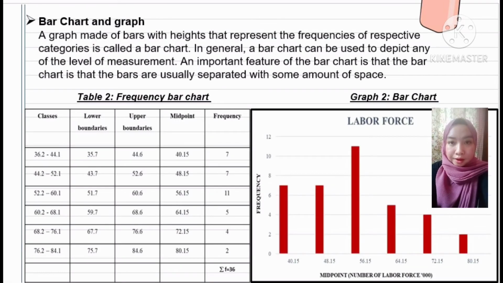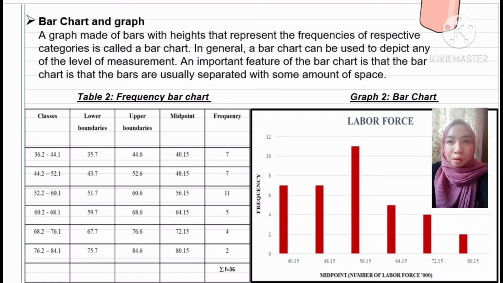Bar chart and graph. A graph made of bars with heights that represent the frequencies of the respective categories is called a bar chart. In general, a bar chart can be used to depict any level of measurement. An important feature of the bar chart is that the bars are usually separated with some amount of space.